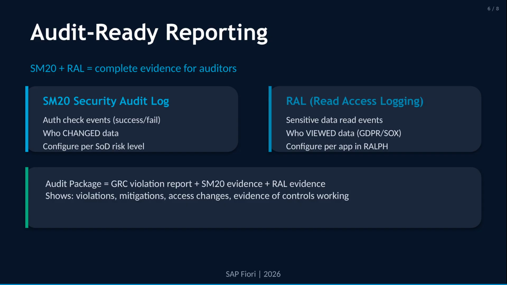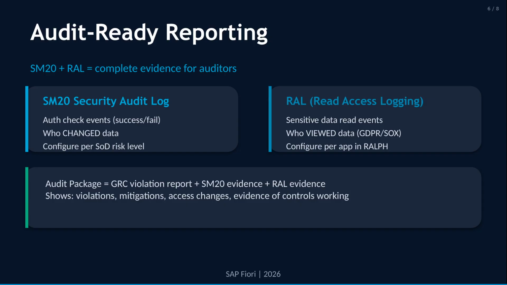Second, read access logging, or RAL, tracks when users view sensitive data in Fiori apps, not just when they change it. This is critical for compliance frameworks like GDPR and SOX that require evidence of who accessed personal or financial data. Configure RAL per Fiori app in transaction RAL-PH.